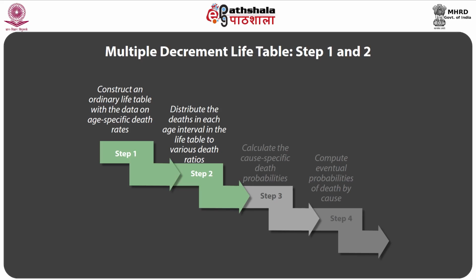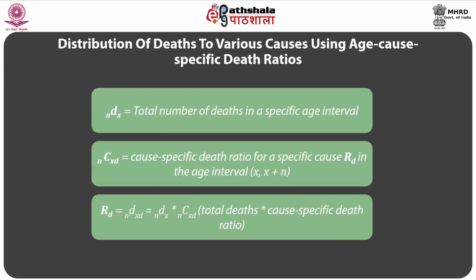Step 2. Distribution of deaths to various causes using age cause specific death ratios. In an ordinary life table, the total number of deaths in a specific age interval is given by the nDx values. Denote the cause specific death ratio for a specific cause Rd in the age group interval x plus n as nCxd.